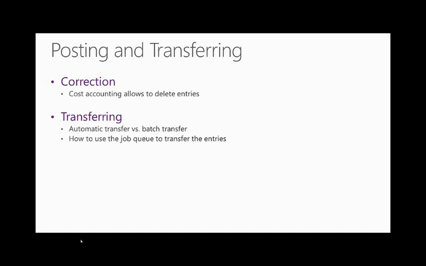And then I will introduce a new possibility to transfer the data by setting up a job queue and transferring the entries. To be able to do so, you need to change the codeunit a bit, but we will do this in the workbook and it will be very easy.